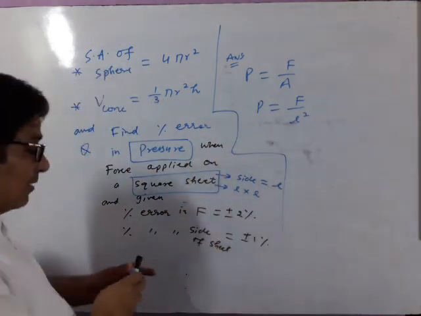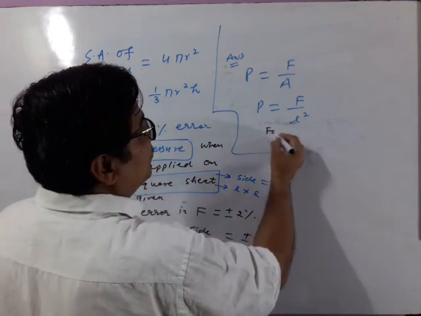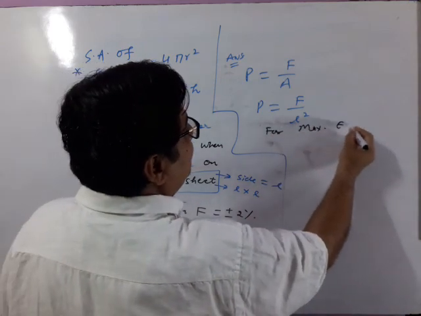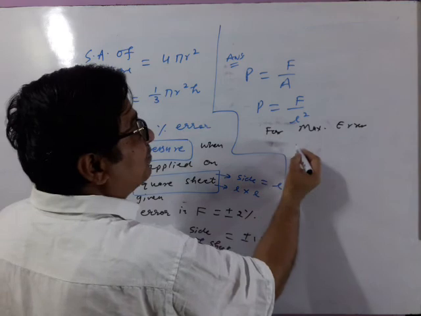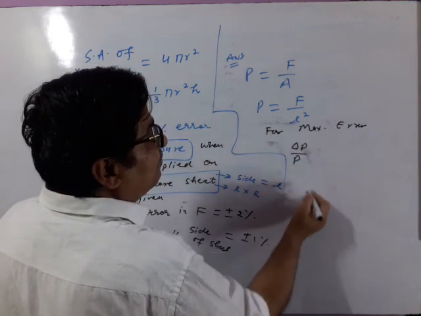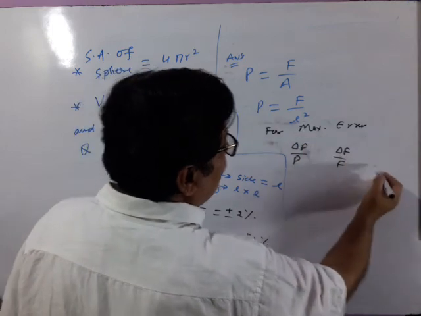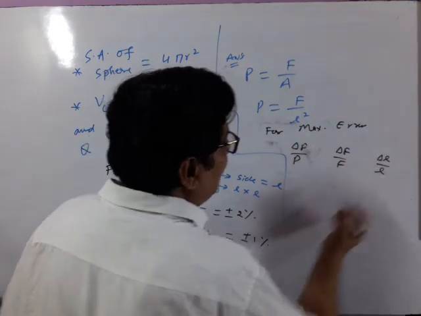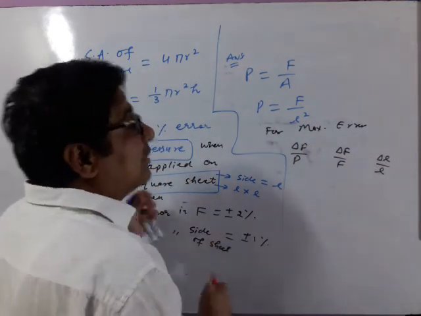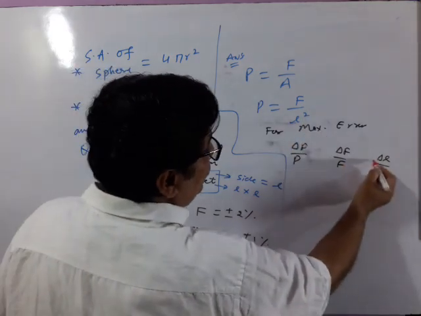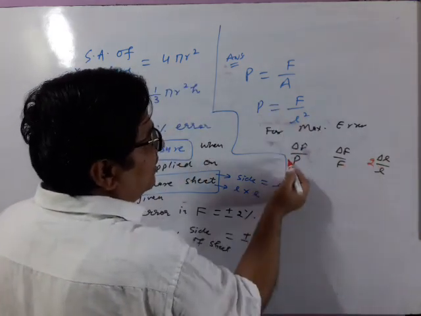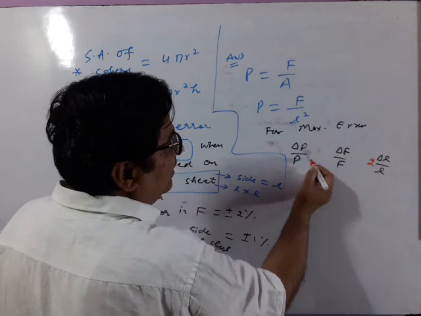Right? Now apply the technique for maximum possible error. If it is P, delta P by P; for force, delta F by F; for length or side, delta L by L. Now powers are multiplied: L raised to power 2 into 2, P raised to power 1 into 1, F raised to power 1 into 1.